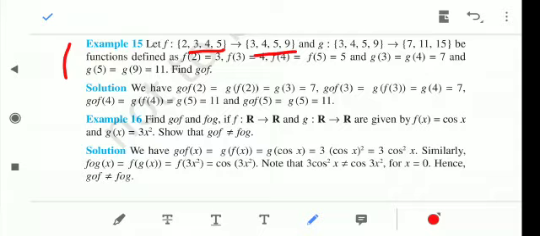And g is from {3, 4, 5, 9} to the codomain {7, 11, 15}. Here you can see the range of function f: f(2) equals 3, f(3) equals 4, f(4) equals 5. What is the range? 3, 4, 5. These are the elements of the range, and 3, 4, 5 still lie in the domain of g. Therefore, gof is defined.